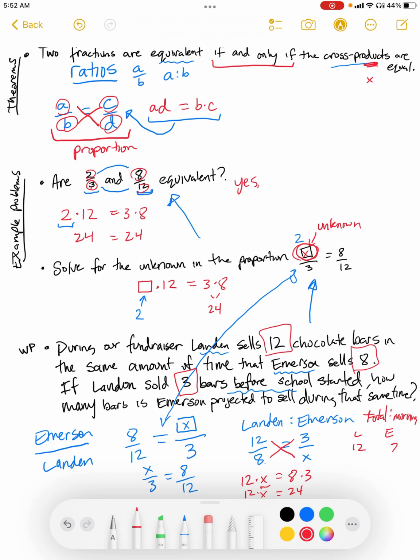Emerson sold 8. In the morning, Landon sold 3. Emerson, we don't know, right? We're trying to find that out. Check out the cross products. It boils down to the same thing over here. All right, hope that helps with some proportions.